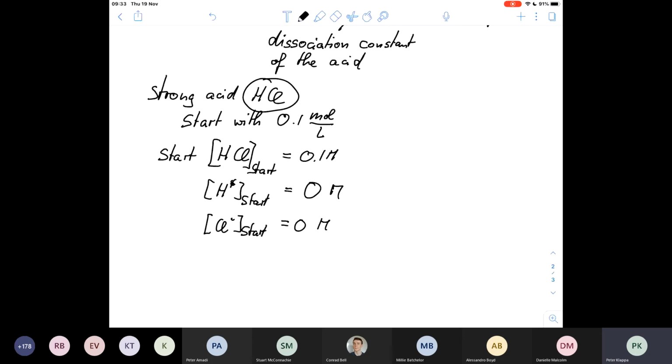When we have a strong acid, we look at the start here. When we've waited until we've got the equilibrium, let's look at the proton concentration.